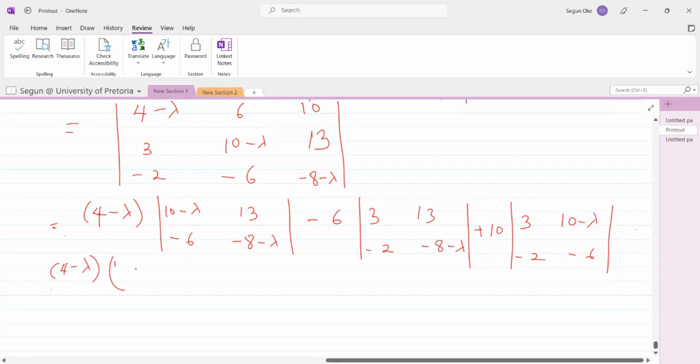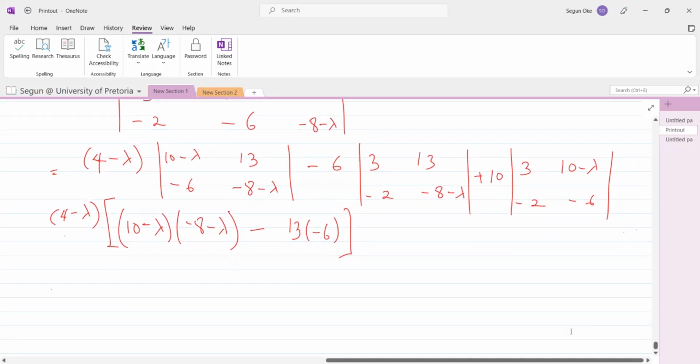I hope it is interesting, right? You can now open this bracket, multiply 10 minus lambda, multiply by minus 8 minus lambda. You agree with me? Yes, sir. Minus 13 into minus 6. That's all. So let's resolve this one before we pick another one.